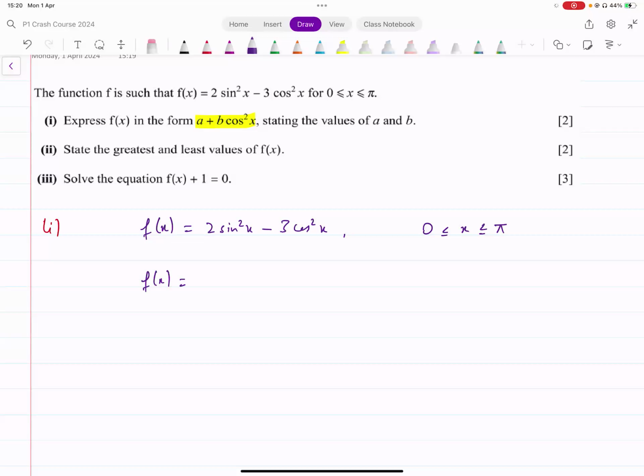What does that give you? F of x equals 2 into 1 minus cos square x minus 3 cos square x. And that gives you 2 minus 2 cos square x minus 3 cos square x, which is 2 minus 5 cos square x. This is what f of x turns out to be.